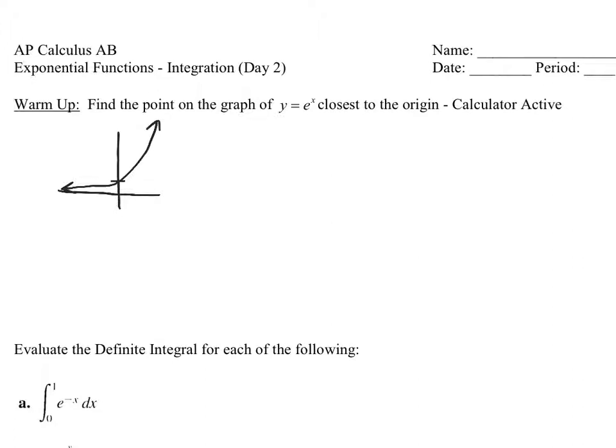So what are your thoughts as we consider this one first? Closest means the shortest distance, right? So we want to minimize the distance. Now, it's helpful to illustrate what distance we're talking about.